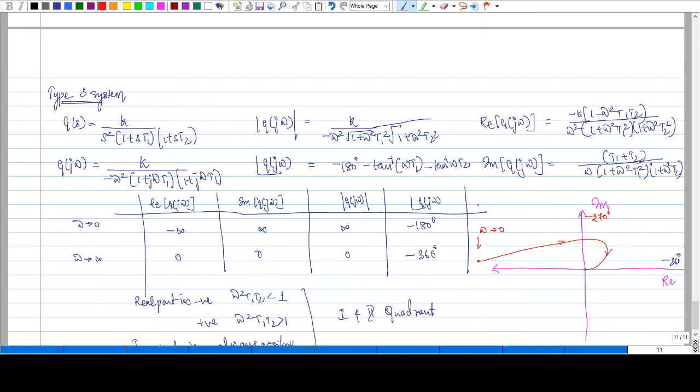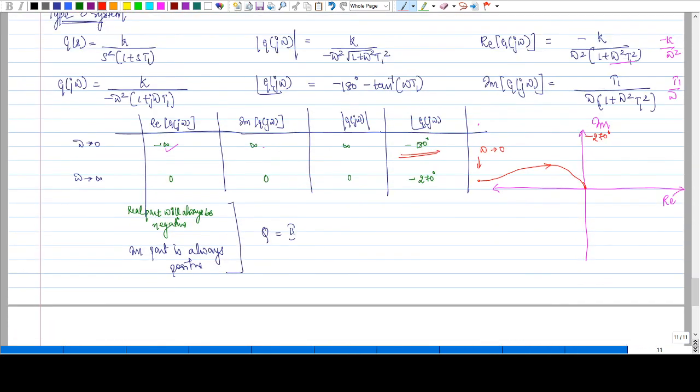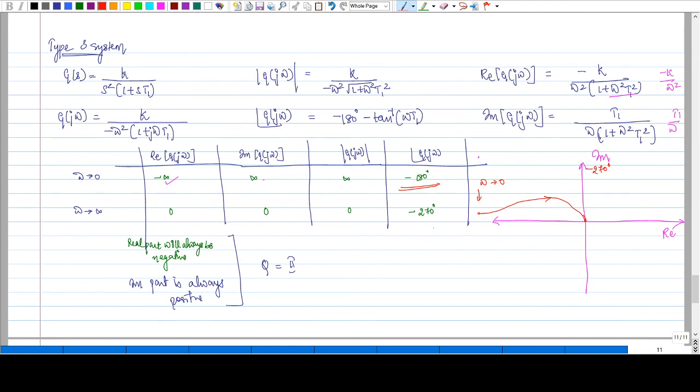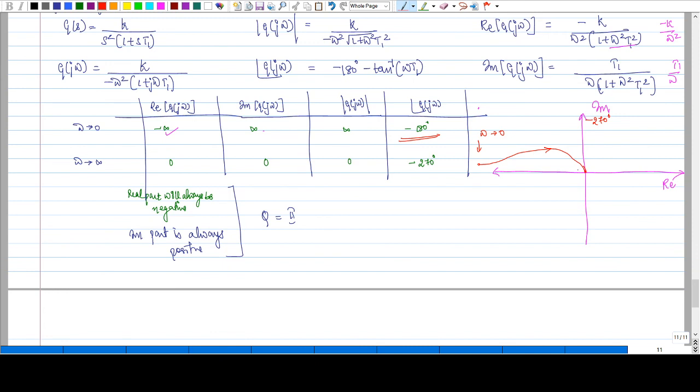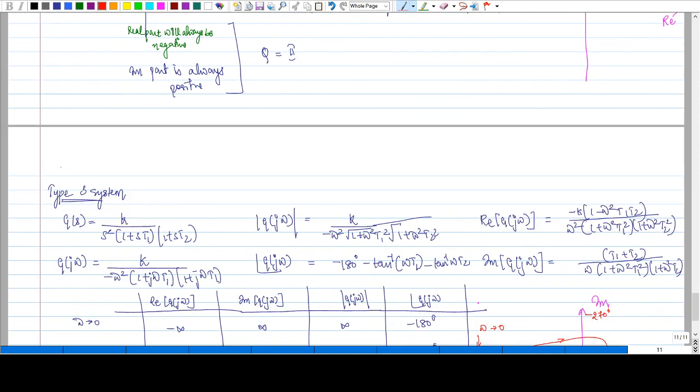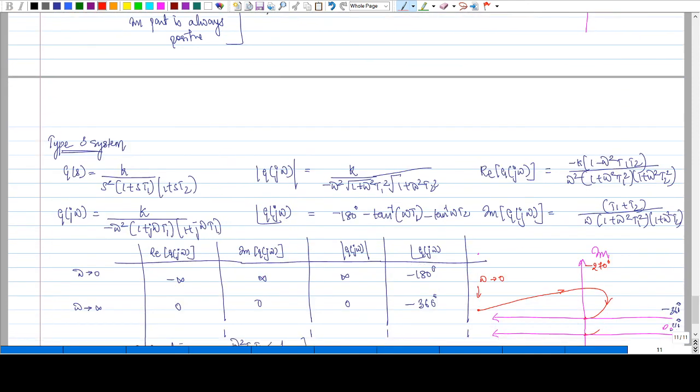Here you had seen when we had taken the third order system, the angle was minus 270 degrees, so it converged only till here, exactly at this point. It didn't cross the imaginary axis at all, because we had seen both real and imaginary parts would remain negative and positive respectively.